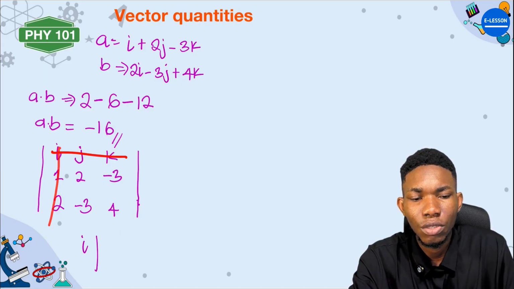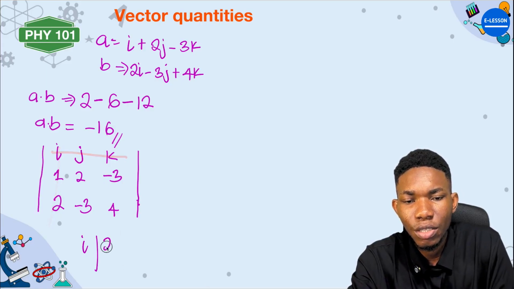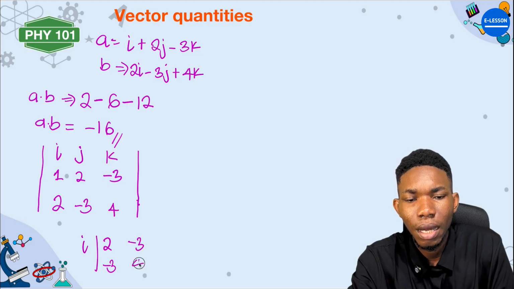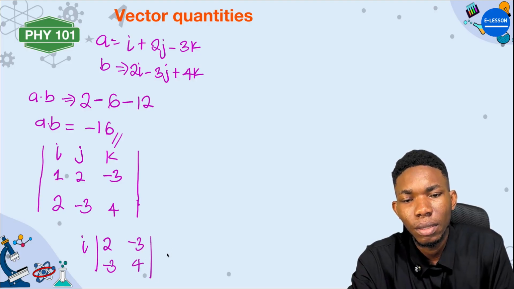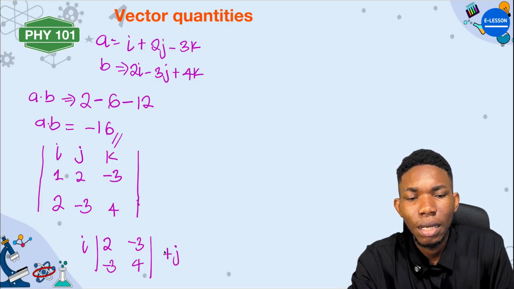What is remaining is what you are going to write. So what is remaining is 2, minus 3, and 4. Then you have plus j. I told you that whenever you come to j, it's always starting with negative.